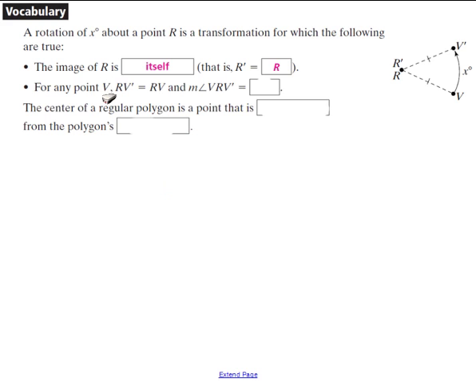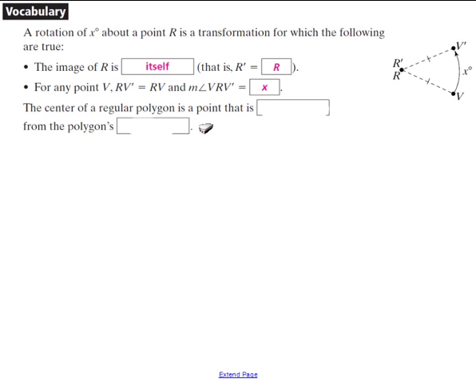So for any point V, it says RV prime, the image of V, is going to be equal to RV, the preimage of V, and we can see that here if we use the same string, right? We can just drag this string up here and we're going to have the same length. And the angle is going to be whatever angle we're saying. So we're rotating it x degrees. So that's going to be the angle from V R V prime.